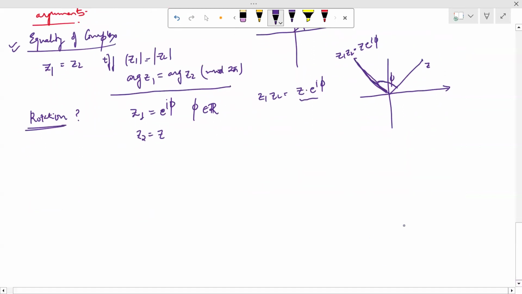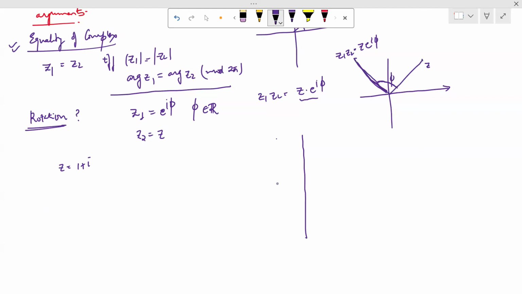I can demonstrate a little bit of it by an example. Let us say the complex number z1 is 1 plus iota. Its argument will be pi by 4. So this is the point 1 comma 1. Now, let's take z2 equal to e to the power iota pi by 2.